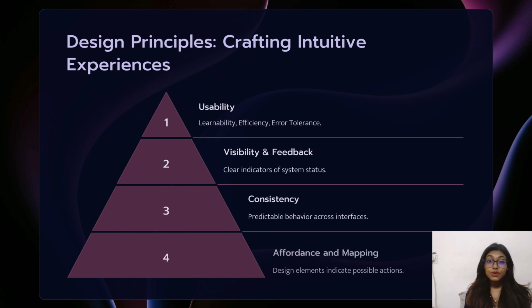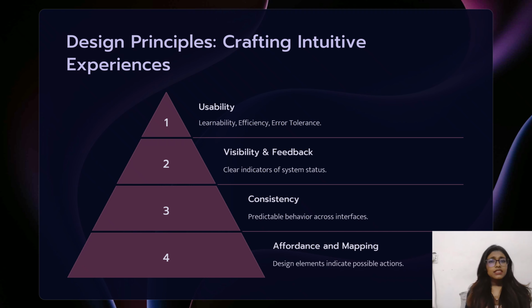When it comes to actually designing an interface, there are some well-established principles that help make it intuitive. First up is usability. This includes things like how easy it is to learn, how fast users can complete the task, and whether errors are easy to recover from. Then we have visibility and feedback. Users should always know what's going on.